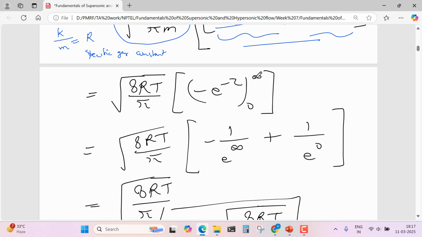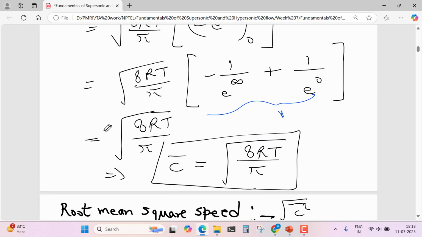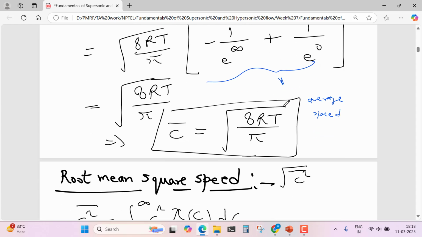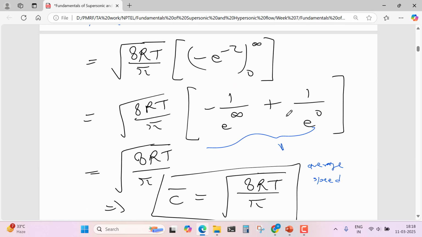When we put the limit, we get minus 1 upon e to the power infinity plus 1 upon e to the power 0. e to the power infinity is infinity, 1 by infinity is 0, and e to the power 0 is 1. So this term will become 1. So we will get the average speed as under root 8 RT upon pi. Is there any doubt till here?